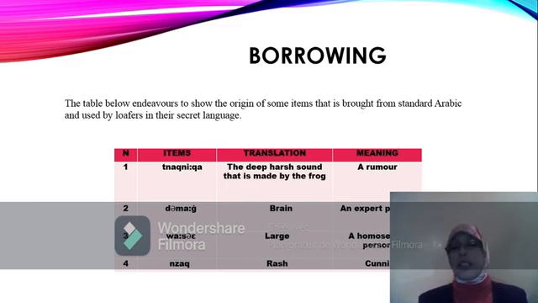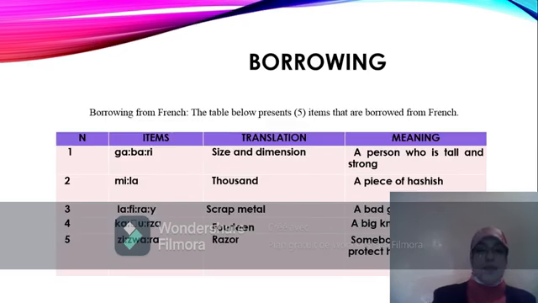However, the meaning is that this person is homosexual. Item number four, nzaq. Here it is translated as rush, and the meaning is that the person is cunning. So the first examples are borrowed from standard Arabic.